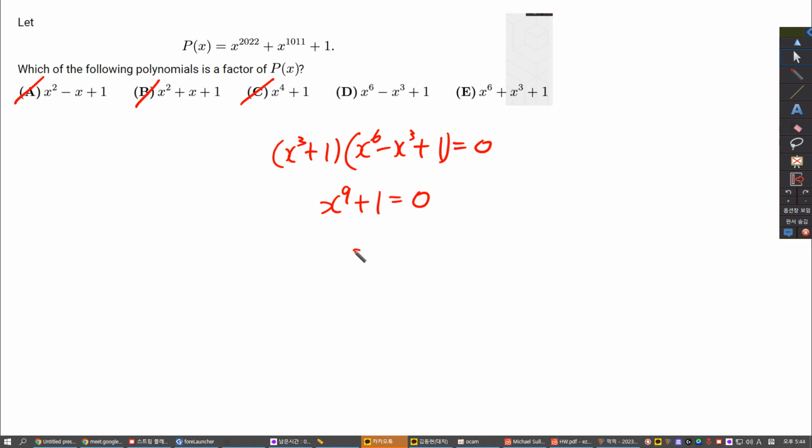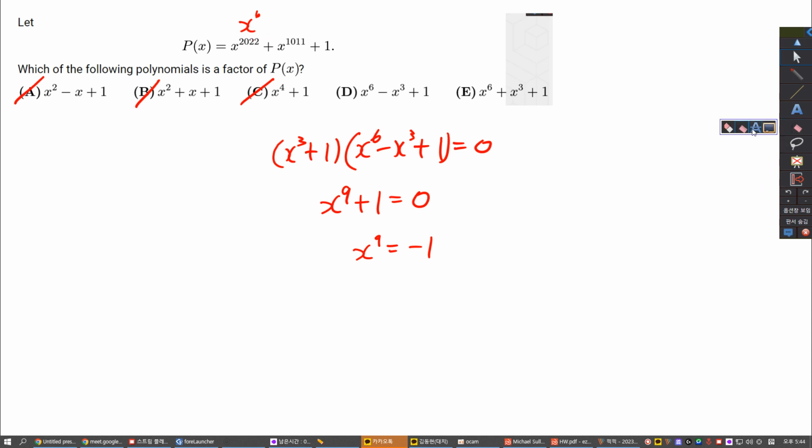So this means x to the 9th power is equal to minus 1. So let's think of the remainder when exponents are divided by 9. The remainder is 6.